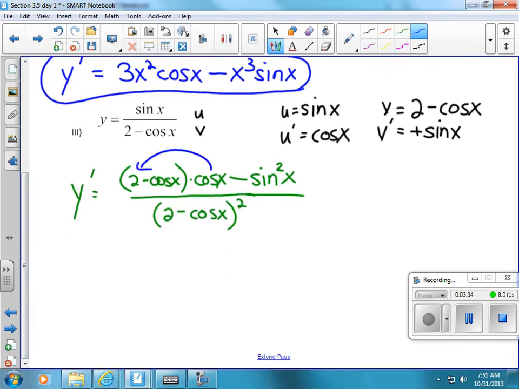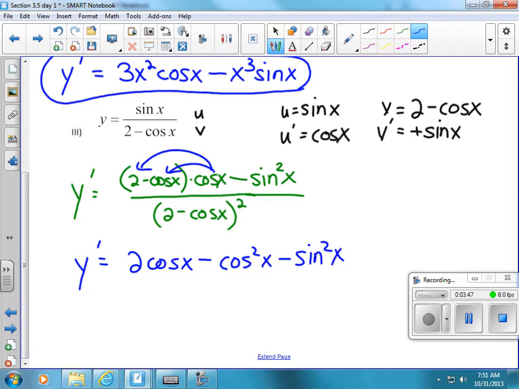If we distribute our cosine to both terms, we get 2 cosine of x minus cosine squared of x minus sine squared of x, over (2 minus cosine of x) squared.